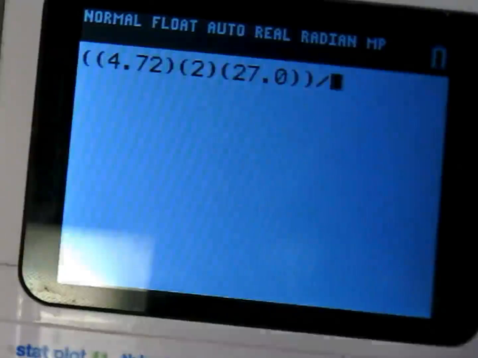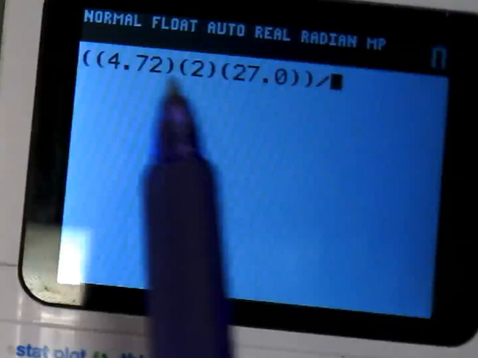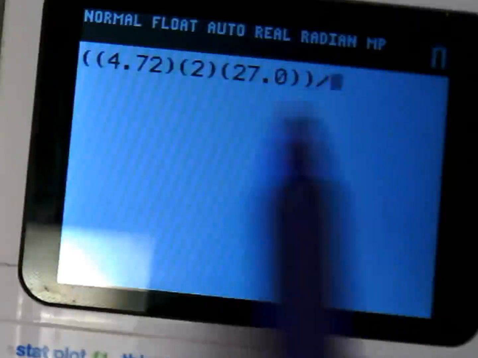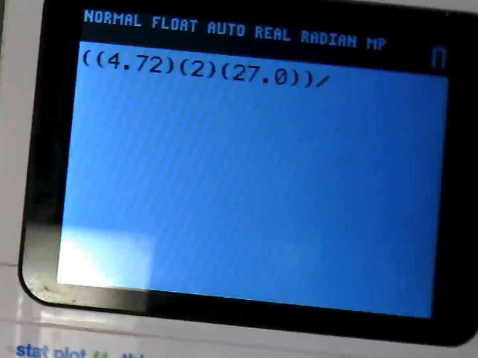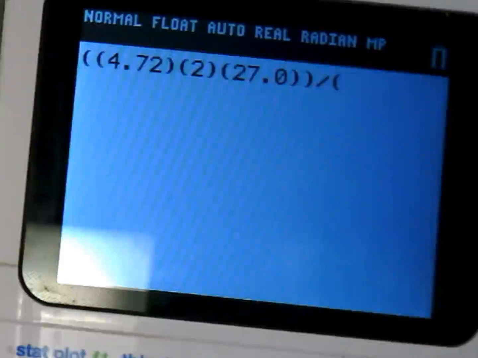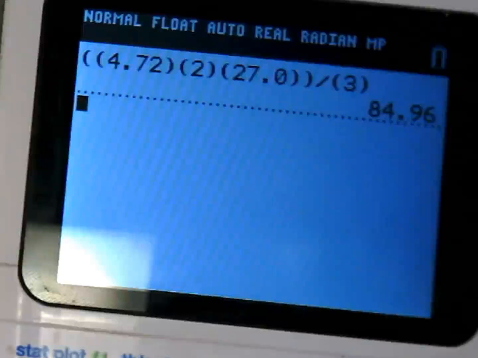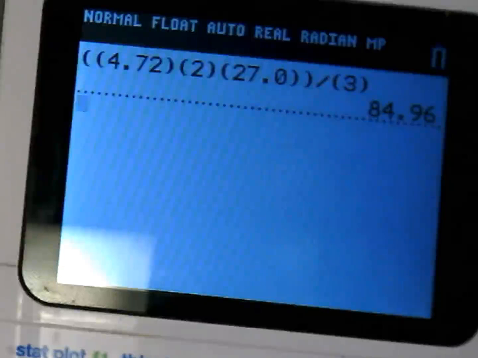So you notice all these parentheses. Not only am I keeping each number distinct, I'm also keeping this whole operation distinct as well with those outside parentheses. I want to multiply everything up top first, then I divide, and it's just going to be divided by 3 because it's just 1 times 3 times 1 on the bottom. And it looks like what I'll get is 84.96.